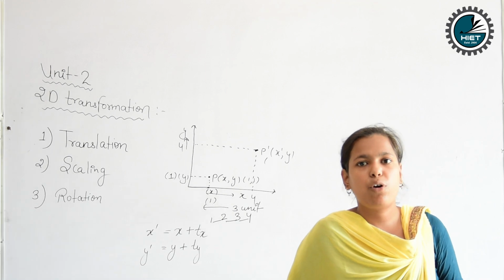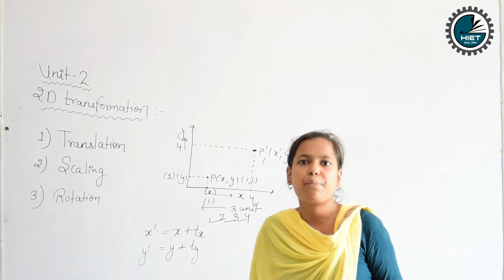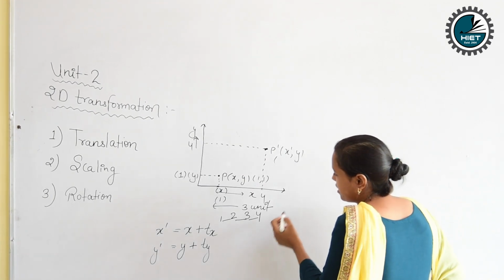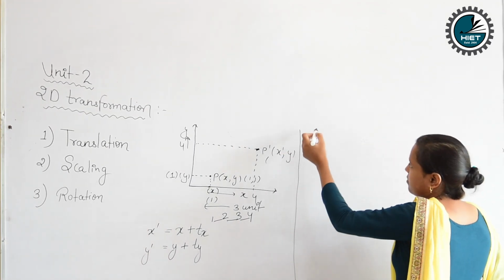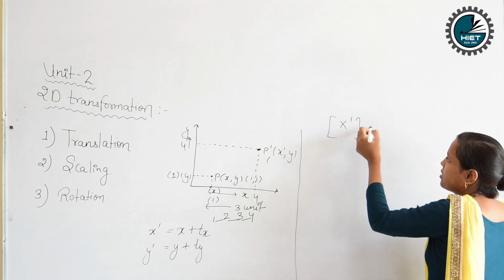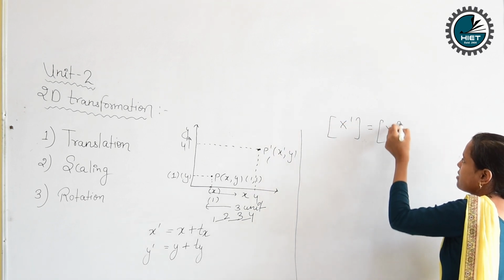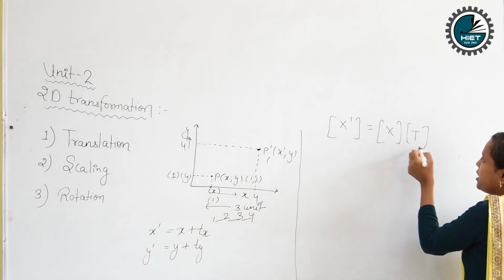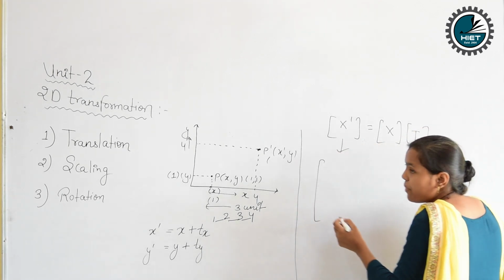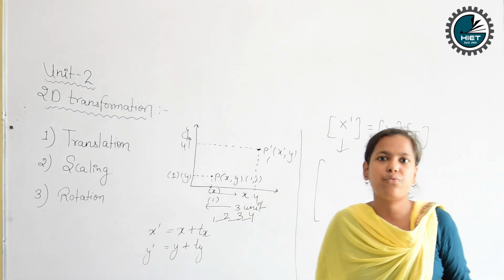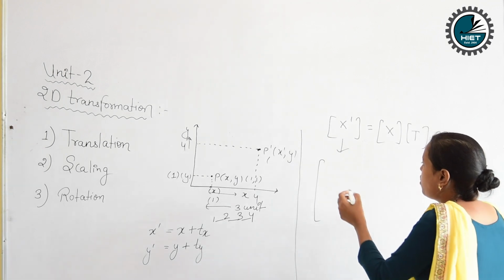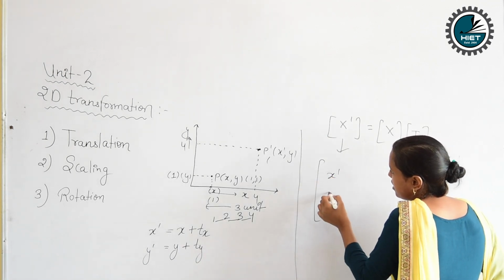Always, if we are performing a transformation, then we represent it by a matrix. So how can we make a matrix? The general form is x dash equals x multiplied by t, where x dash is the matrix after we have performed the transformation, so it will be x dash and y dash.